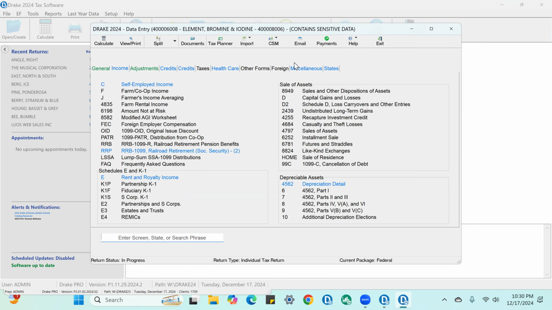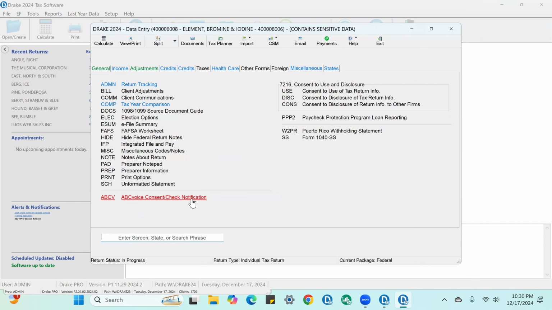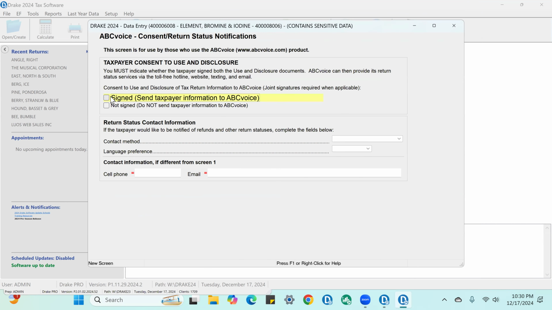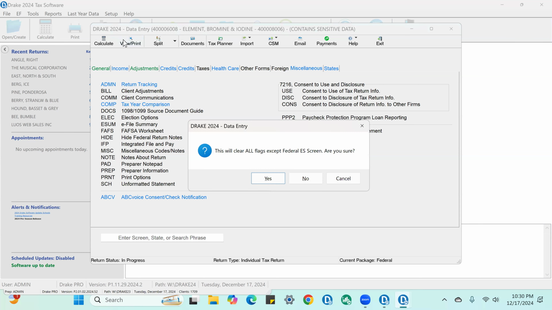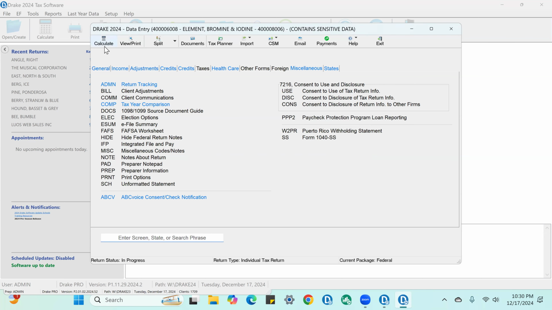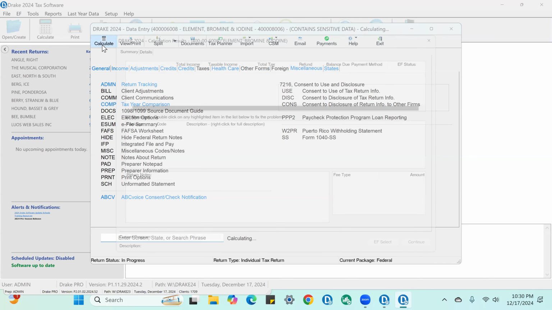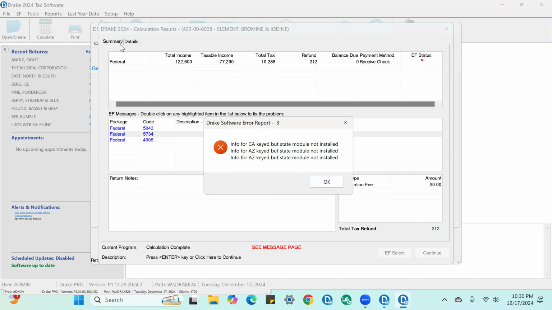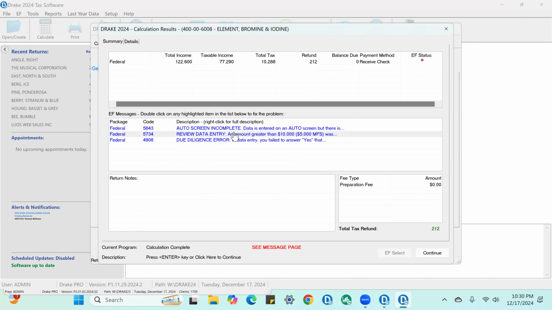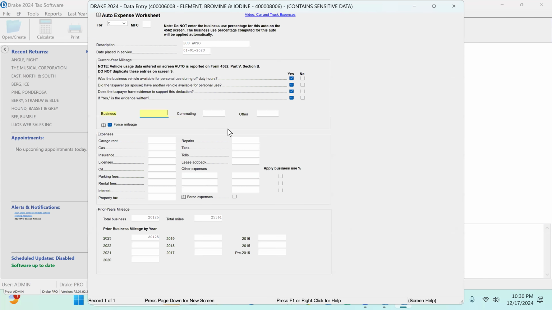So now in here, Shift Control Space, delete out all the green. There's some here. Auto.